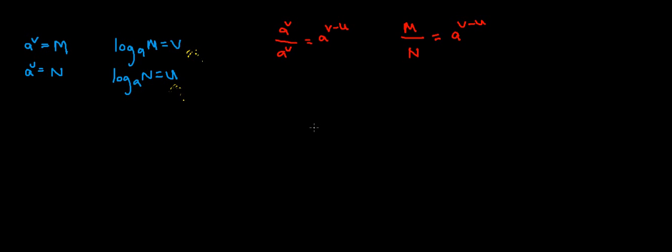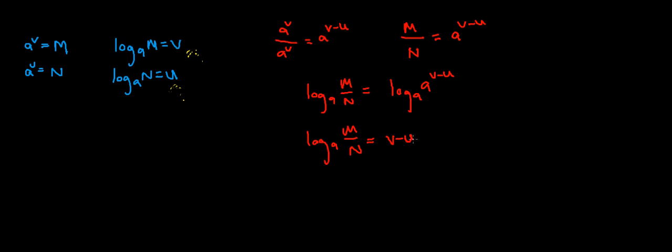Now what I'm going to do is take the log of both sides. And this should start looking familiar. So log base a of m over n is equal to log base a of a to the v minus u. These cancel out, they undo each other, they're inverses of each other. So log base a of m over n is equal to v minus u. And now I do the same thing I did last time.